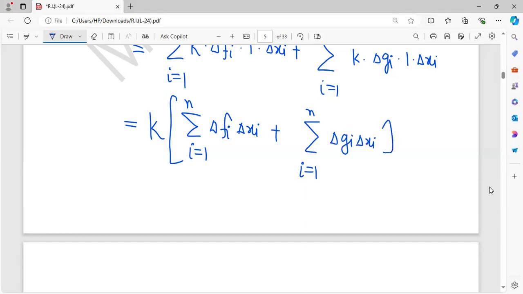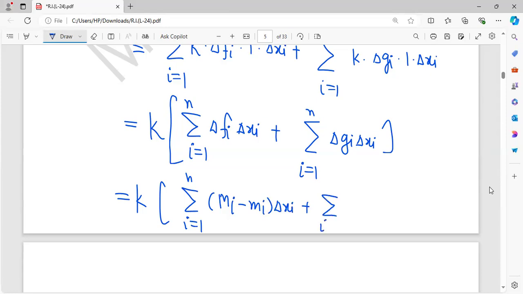What is this? You put the value of summation I goes from 1 to n of capital Mi minus small mi delta xi, plus summation I goes from 1 to n of delta gi.